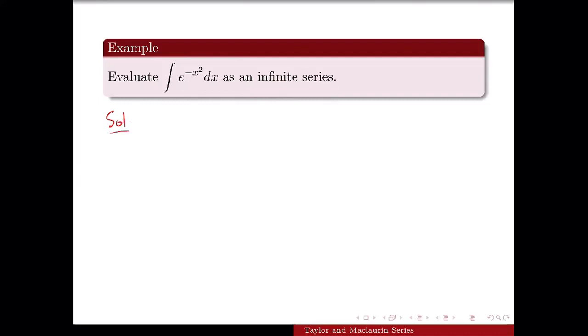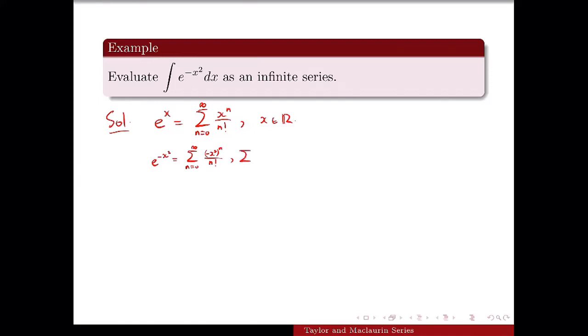Solution. So again, we know e to the x is the sum of x to the n over n factorial from 0 to plus infinity for any x. So this means e to the minus x squared is the sum from 0 to plus infinity of negative x squared to the n over n factorial.